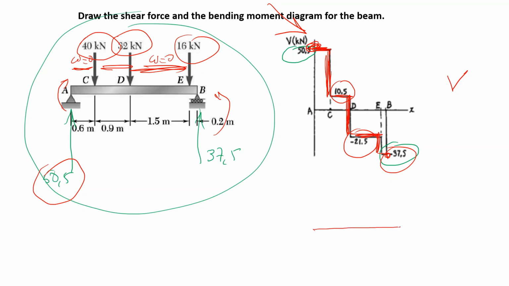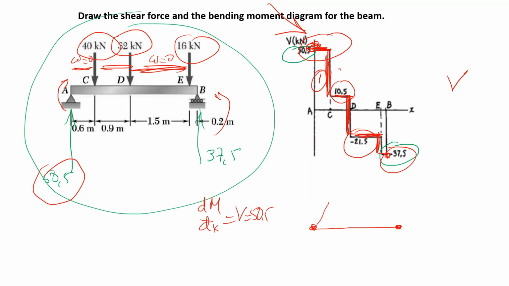So we know in point A and in point B, we have pins. These moments are 0. Here in region 1, the slope of the moment dM over dx is equal to V, which is equal to 50.5. So we have a positive slope.